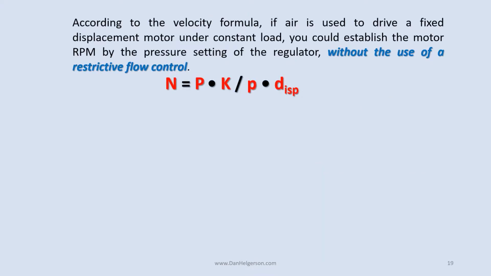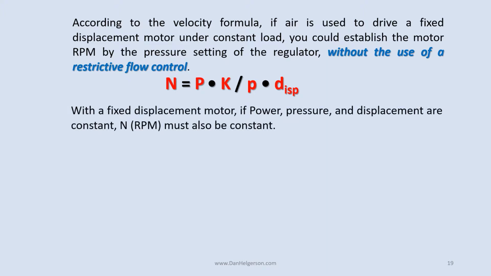According to the velocity formula, if air is used to drive a fixed displacement motor under constant load, you could establish the motor RPM by the pressure setting of the regulator, without the use of a restrictive flow control. With a fixed displacement motor, if power, pressure, and displacement are constant, then RPM must also be constant.